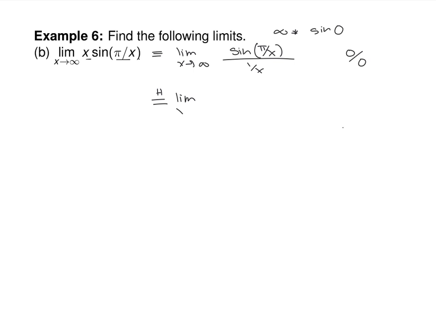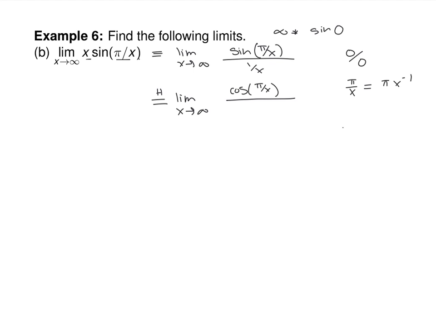Would there be a situation where you still have to do this many times? Probably, but probably not going to make them that tricky. Okay, what's the derivative of sine of pi over x? Cosine pi over x, that part for sure, right? Pi over x is the same thing as pi x to the negative 1, right?